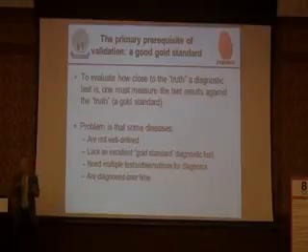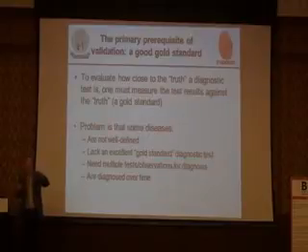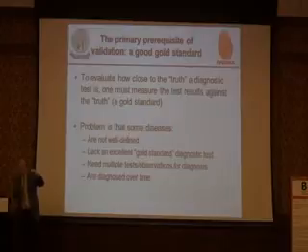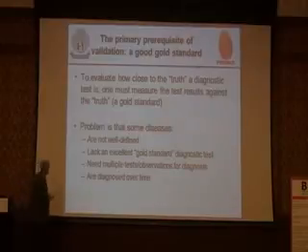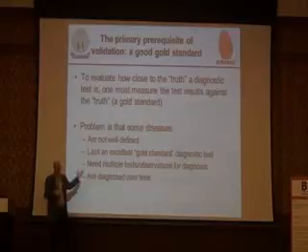But usually that's not true, because the gold standard tends to be the most invasive test. And why are you trying to avoid that? It is to use a less invasive, less expensive, less onerous test to get close to what you get when you actually do something invasive. Some are diagnosed over time, and some need multiple tests and so forth.